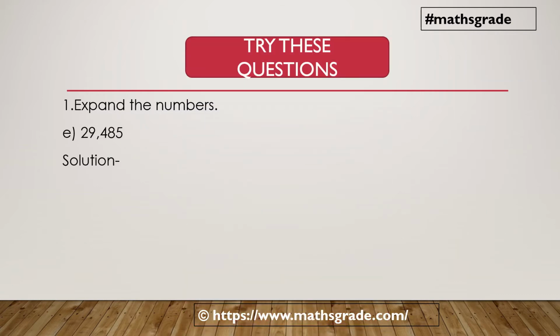Now question E, 29,485. We have to expand this number. 29,485 is a 5-digit number and digit 2 is in the 10,000 place. So multiply 2 with 10,000.